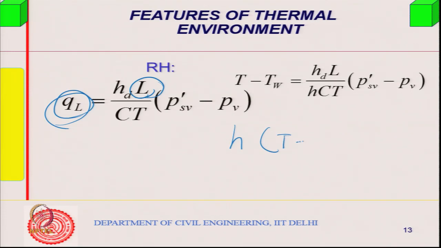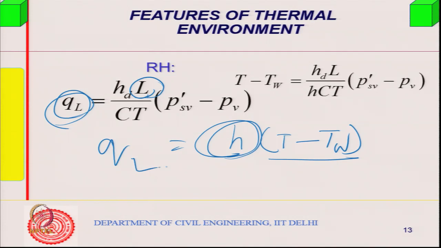So, the amount of heat transfer is this, and this will also be equal to, from the law of convection, if the temperature difference between the dry bulb temperature and wet bulb temperature is this much, then the amount of heat transferred is given by the convective heat transfer coefficient multiplied by T minus T W. Therefore, T minus T W is H D divided by H, et cetera. So, wet bulb depression is related to the saturation vapor pressure minus the vapor pressure.